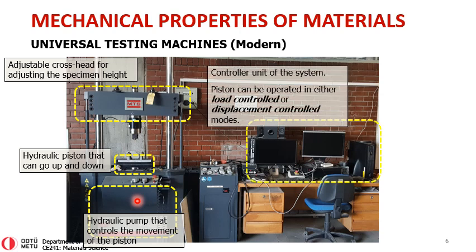Of course, since it's modern, it has a controller unit, and this is the controller unit of the system with a computer. The piston can now be controlled by this computer and the controller unit, and the piston can be operated in either load controlled or displacement controlled modes. And you will be learning what those are in a little bit.